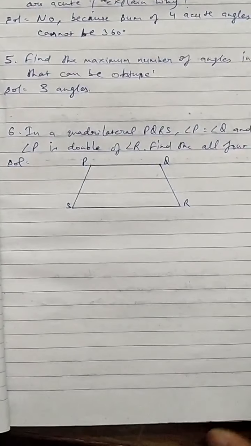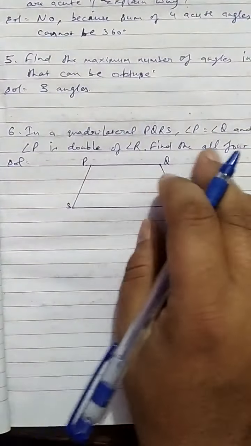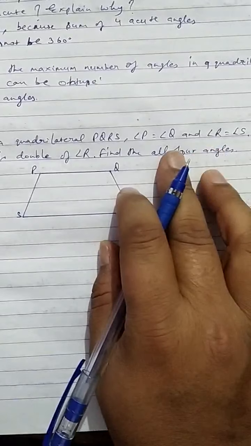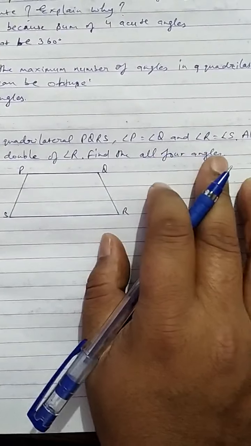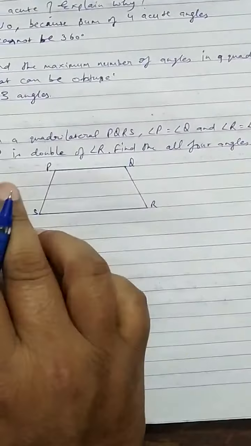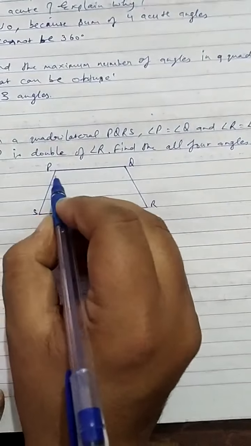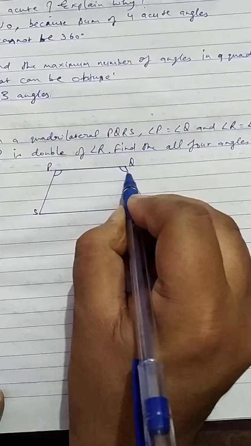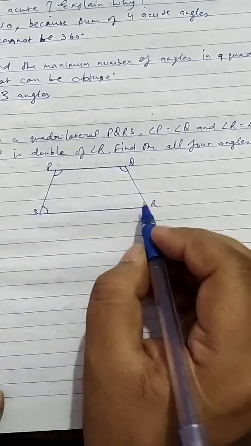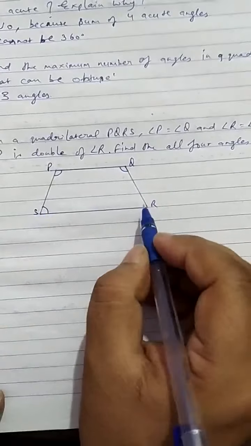Next is number 6. In a quadrilateral PQRS, angle P is equal to angle Q and angle R is equal to angle S. Also, angle P is double of angle R. So we have made a figure here where angle P is equal to angle Q and angle S is equal to angle R as the condition is saying.